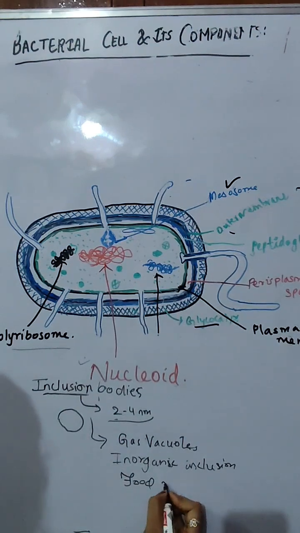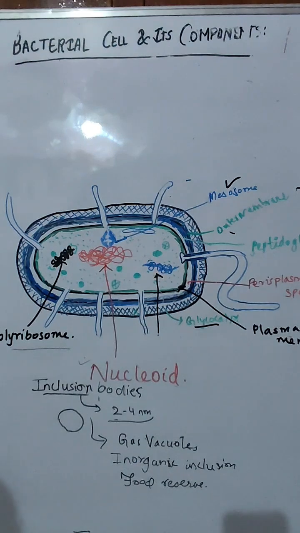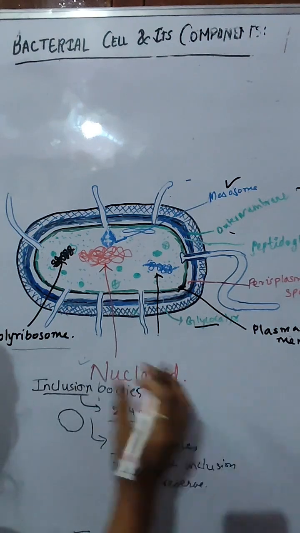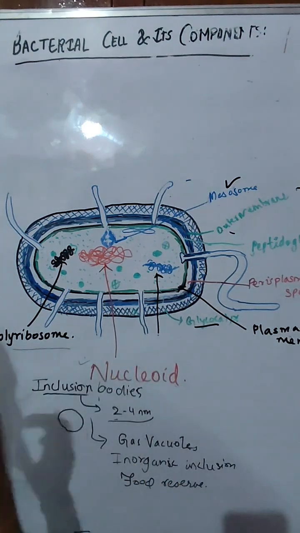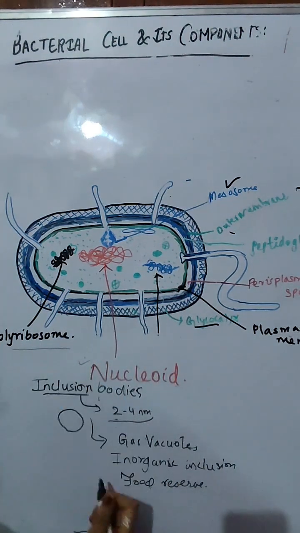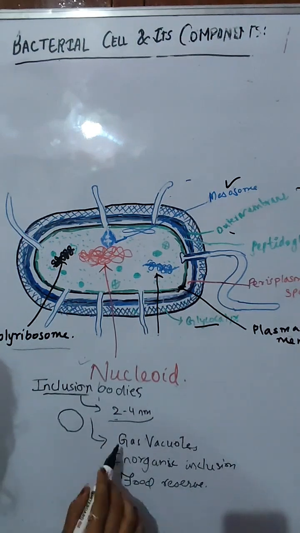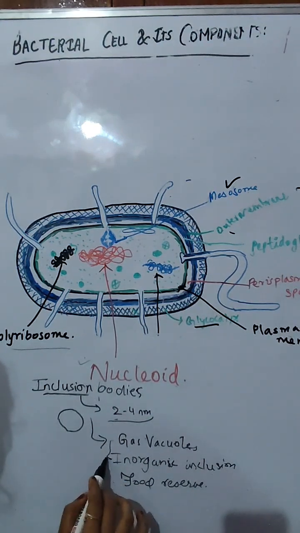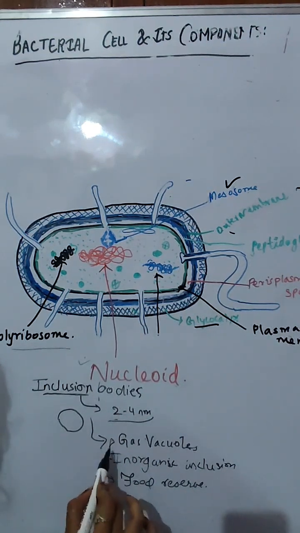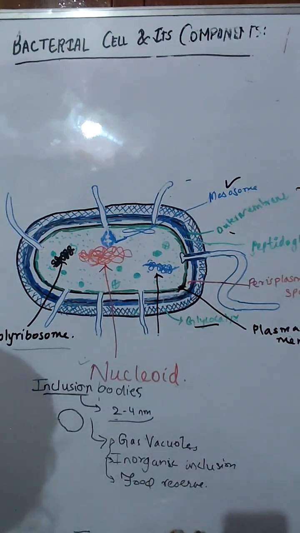Whatever food is required for bacteria, generally starch or lipid, is reserved or stored in some granule-like structure. So these 3 are the general inclusion bodies in the bacterial cell. Let us discuss them one by one.